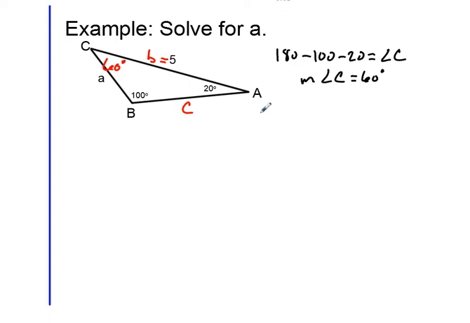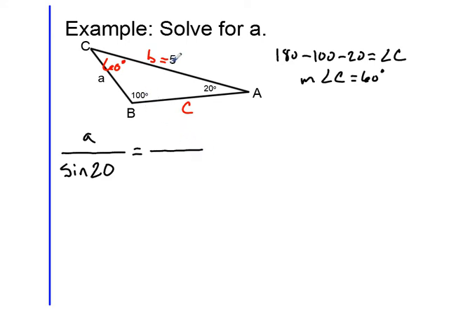Now it's time to use law of sines to figure out side A. Since we want to find side A, I'm going to start with that part of the formula. Side A over the sine of angle A. Angle A is given to us. It's 20 degrees, so this is the sine of 20. This is going to be equal to the other ratio, which means I need to use a side and an angle that I both know for the same letter.